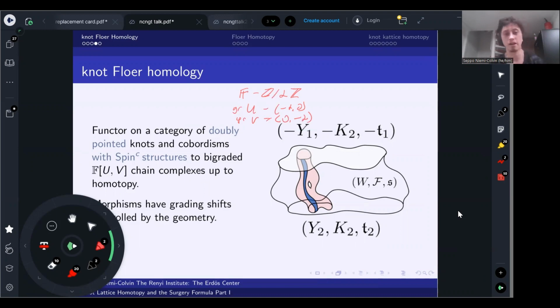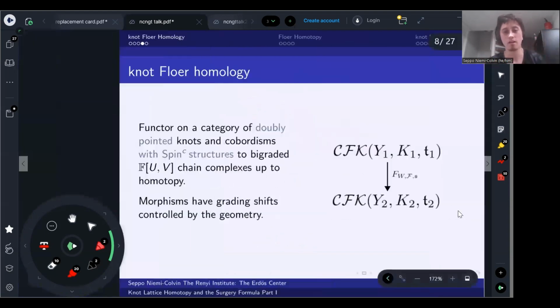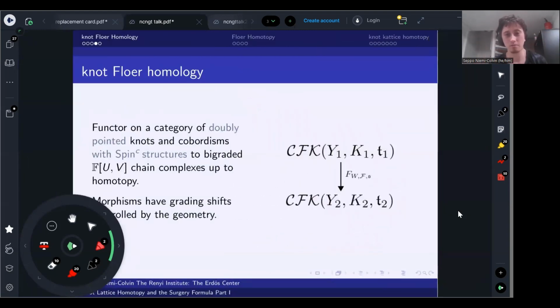And from this setup over here, where we have now knots and surfaces interpolating between them with our cobordisms, we get an F[U,V]-linear chain map between 2 bigraded F[U,V] chain complexes.